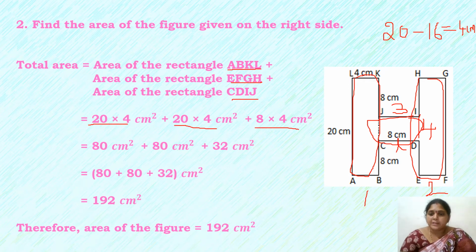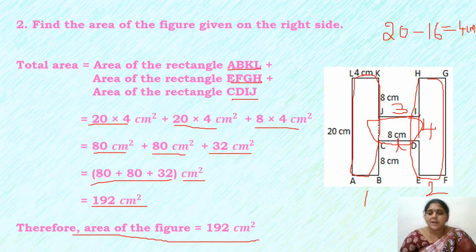Now multiply all. It will become 80 centimeters square, 80 centimeters square and 32 centimeters square. Now add all together by taking the square units common. Now what will be your answer? 192 centimeters square. So therefore the total area of the figure is 192 centimeters square.